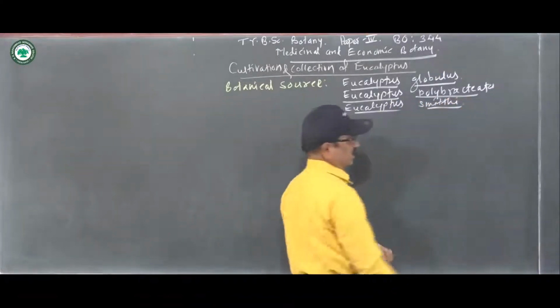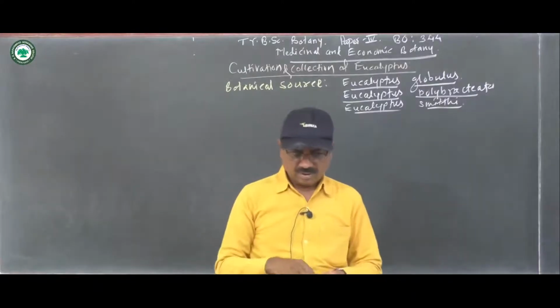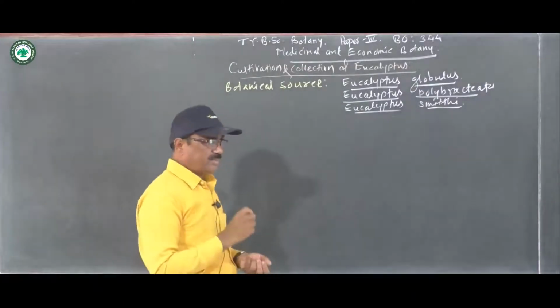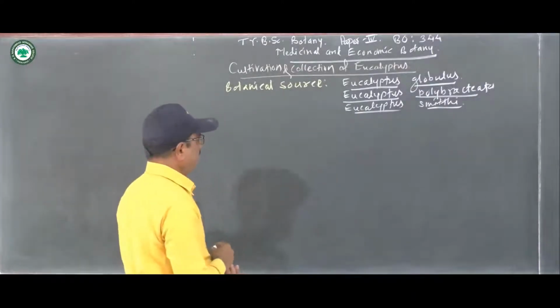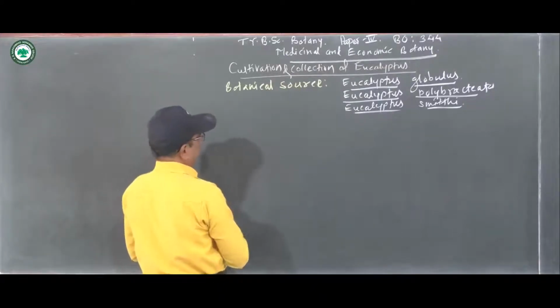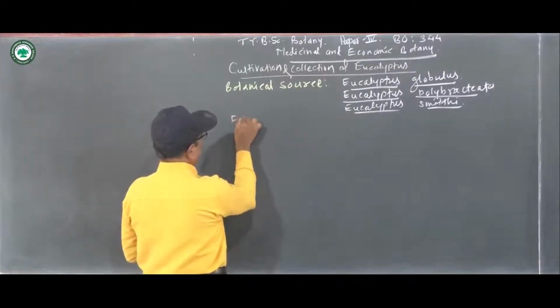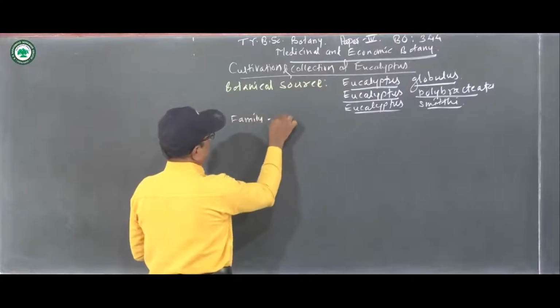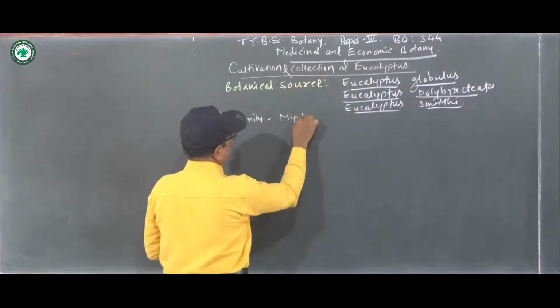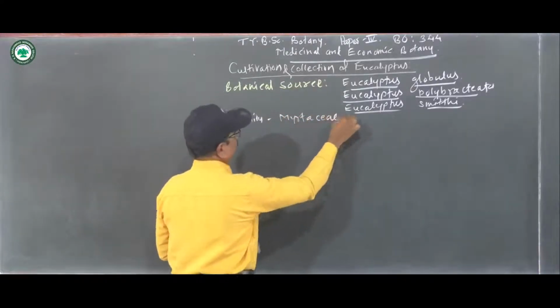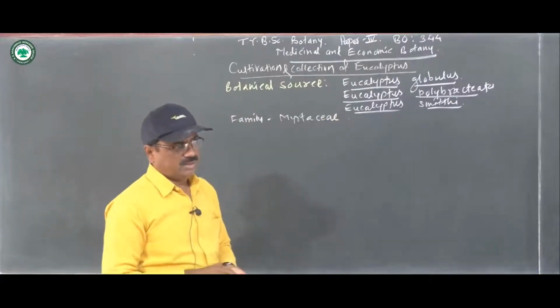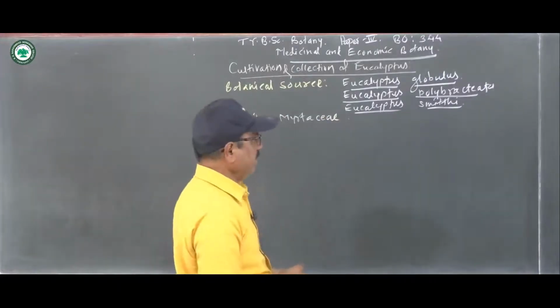So from these three species of eucalyptus, the volatile oil is obtained, and it belongs to the family Myrtaceae. So it is a plant from family Myrtaceae.